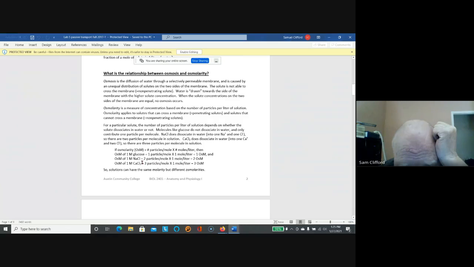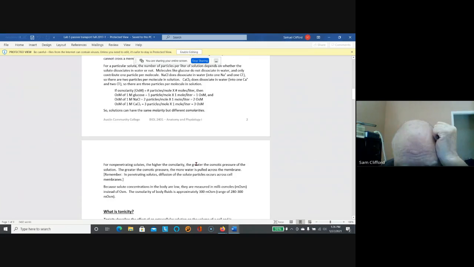But just notice that inorganic molecules such as sodium chloride and calcium chloride, 1 molar will have twice the osmolarity because sodium chloride breaks into 2 particles when it dissolves. Calcium chloride dissociates into 3 particles, so its osmolarity is 3.